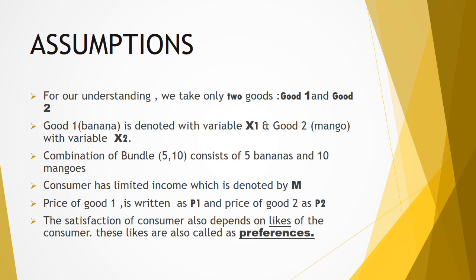So always the consumer has limited income, which will be denoted by capital M. Also, the prices of these two goods will be given, which are expressed as P1, the price of good 1, and P2, the price of good 2. And always the consumer's satisfaction depends on the likes and preferences of the consumer.